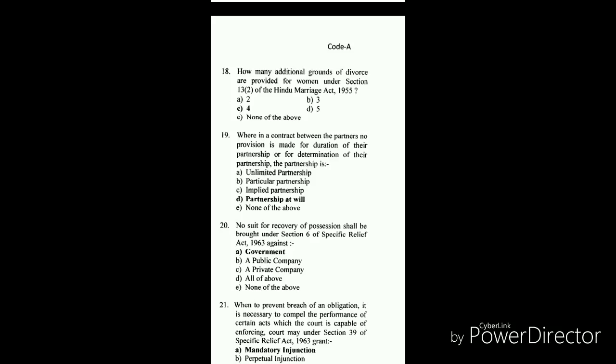Now this question number 19 is asked from the Indian Partnership Act, a very simple question. Where in a contract between the partners, no provision is made for the duration of their partnership or for the determination of their partnership, the partnership is at will.